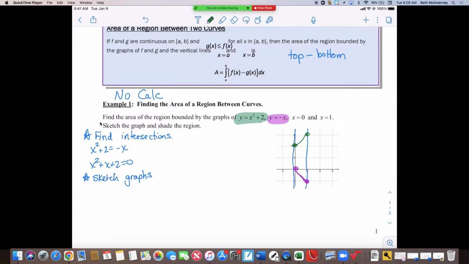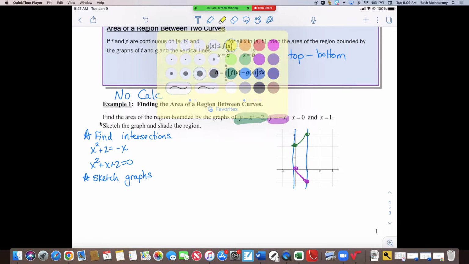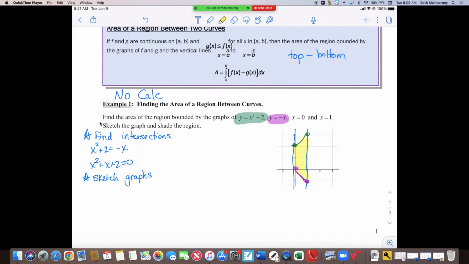And so I'm looking for the area between those two curves from x is 0, that vertical line, x equals 0, to the vertical line, x equals 1. Now, I'm planting some seeds for 8.7 and beyond when we do volumes.